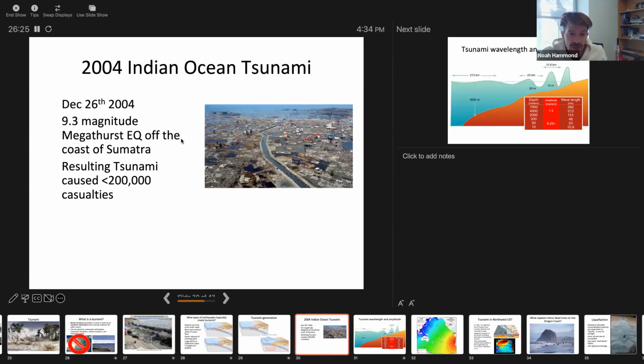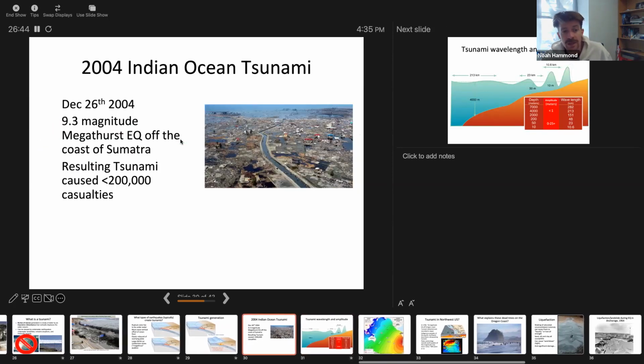So one of the deadliest natural disasters ever occurred in 2004, on December 26th. There was a magnitude 9.3 earthquake off a subduction zone off the coast of Sumatra.